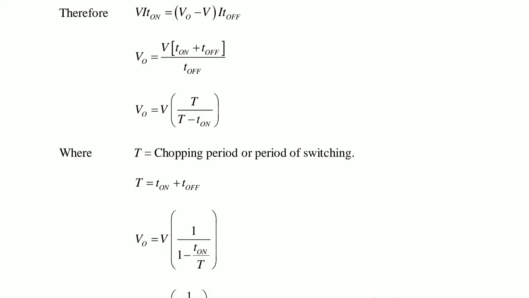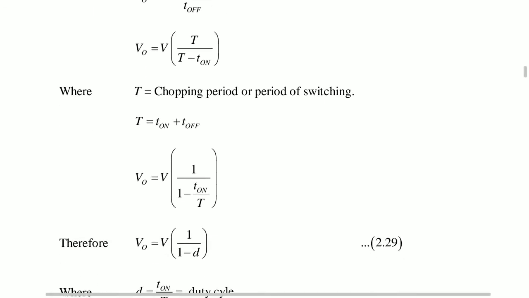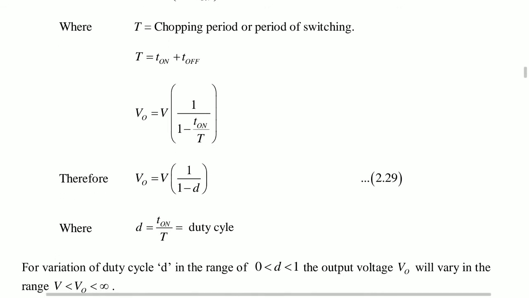If we put these values in our equation, VO will be equal to V into 1 upon 1 minus T on upon T, which is nothing but the duty cycle. So we have denoted it by small d, therefore VO is equal to V into 1 upon 1 minus D, where D is the duty cycle and has the formula T on upon T.